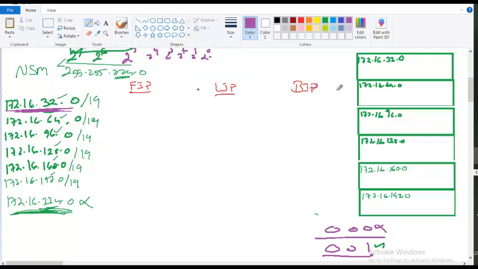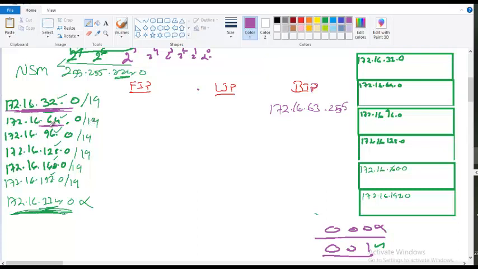Now, to easily get the broadcast IP, you need to see the next network. The next network is 64, which means it is 172.16.63.255 is the broadcast of the first department.